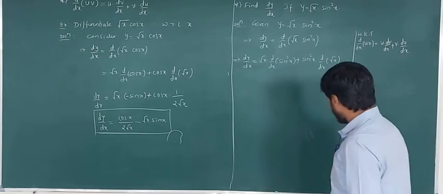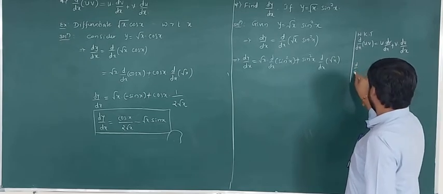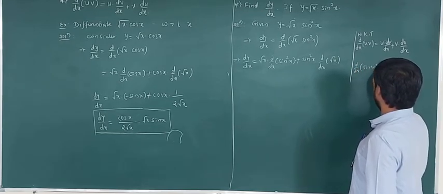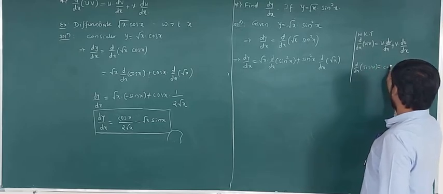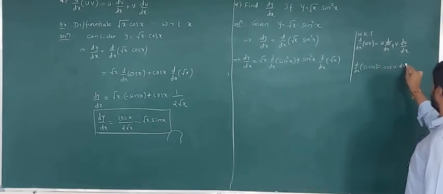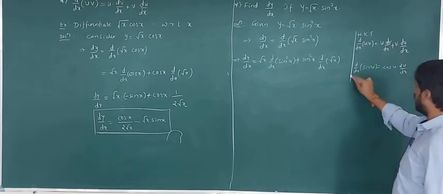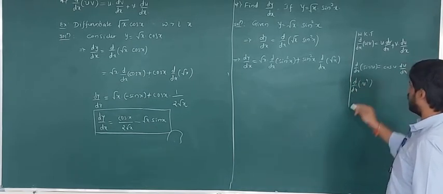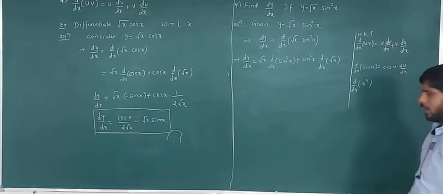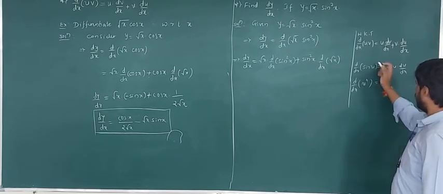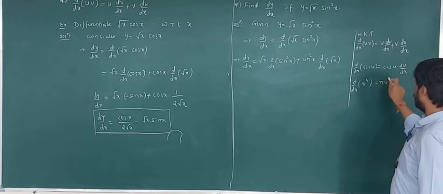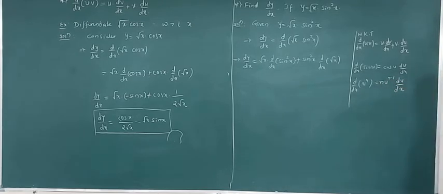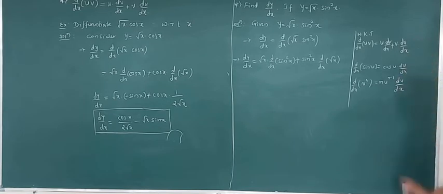And also we know that d by dx of sin u is equal to cos u into du by dx, as well as d by dx of u to the power n, where u is a function of x, is equal to n into u to the power n minus 1 into du by dx. Now I am going to use these three formulas.